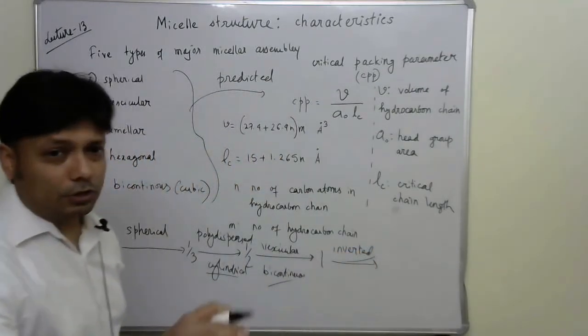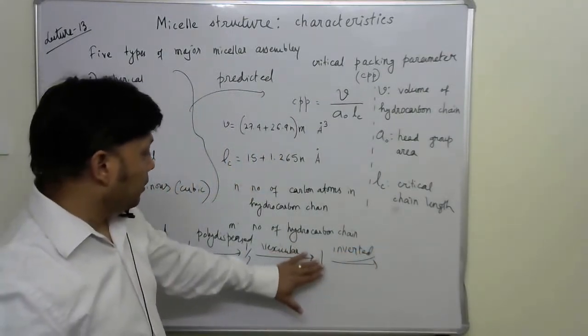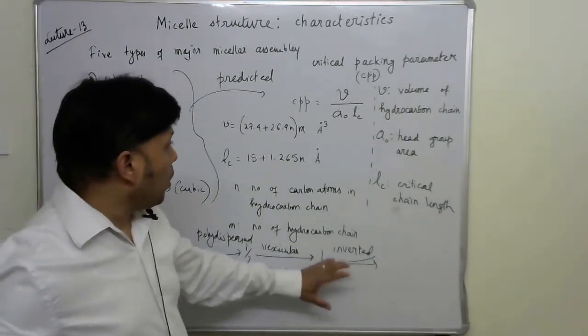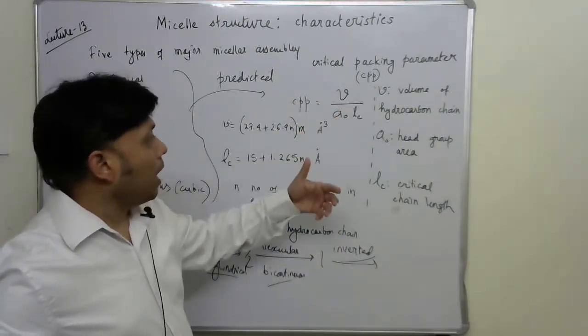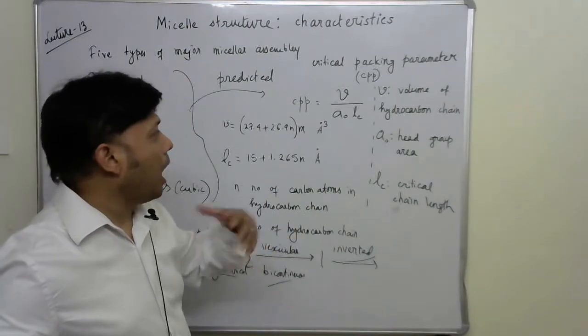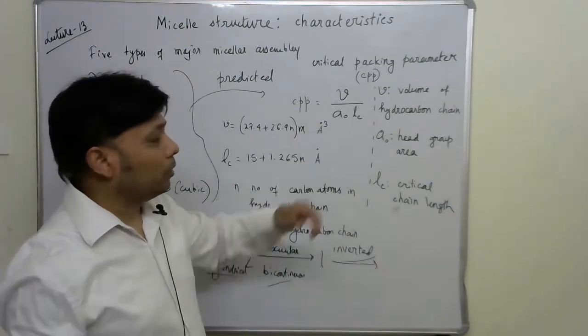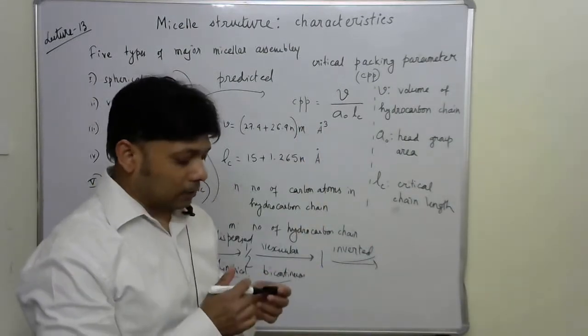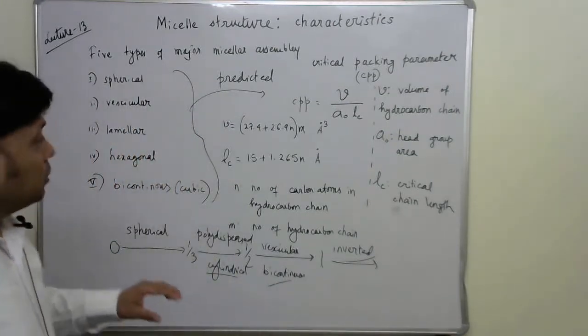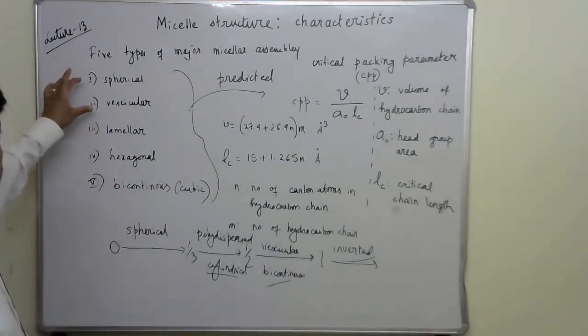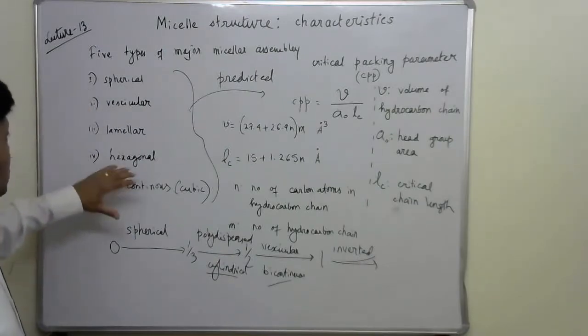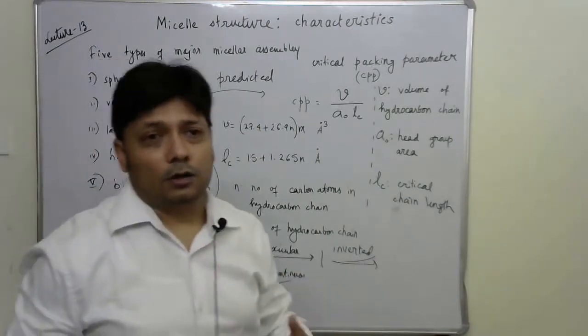That means the structure is just inverted, because once the value goes beyond 1, the volume V of the hydrocarbon chain is very high, very big compared to the polar head group area multiplied by the chain length. Alright, so now we get to see how these 5 different structures are described.